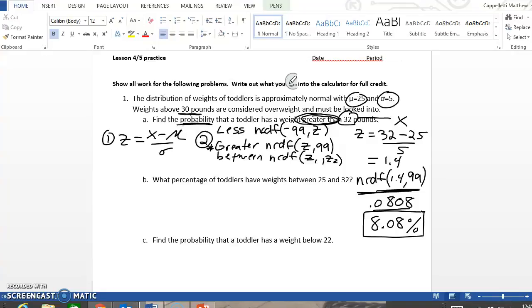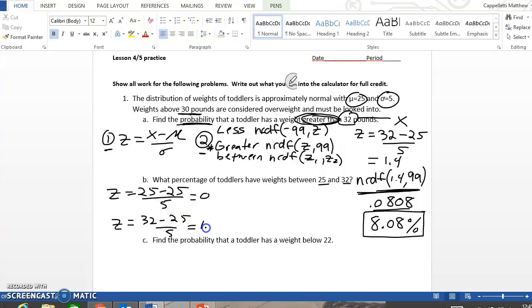All right, part B. What percentage of toddlers have weights between 25 and 32? So I need to find two z's here and follow the same process. Step 1, find z. Step 2, use normal CDF. So the z for 25, I'm hoping you may know this already, it equals the mean, so our z is 0. For 32, we already have it, but I'm going to show you again just to be clear.